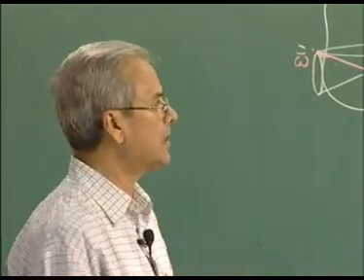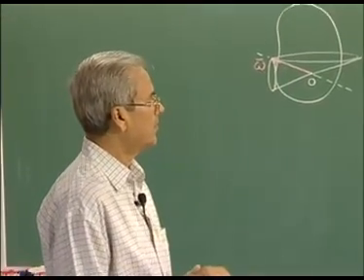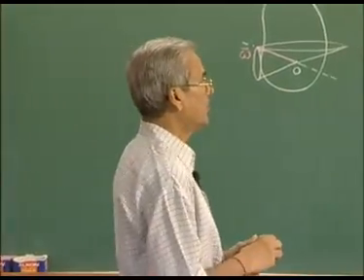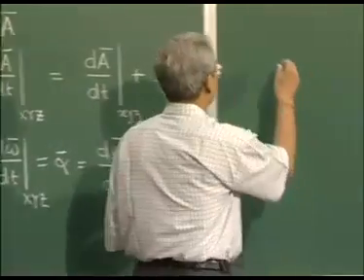So, this is the general expression for angular acceleration of a rigid body for a motion about a point O. Now, to explain this better, let us consider an example.